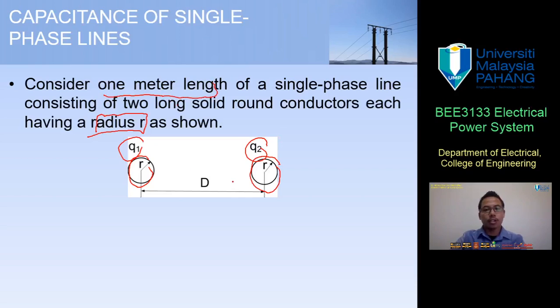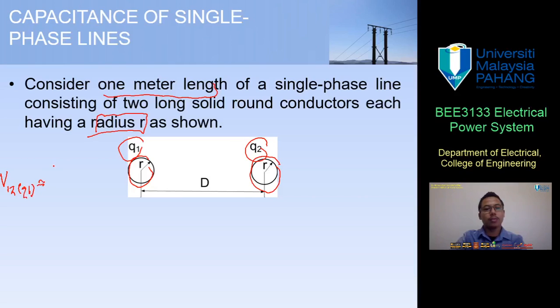Okay, so what should we do? Because we are going to determine the capacitance. First of all, with the distance of D between these two phase conductors, we can simply derive the potential difference. For this case, it is from V1 to V2, I mean, from point 1 to point 2. So this is the V12 due to Q1.